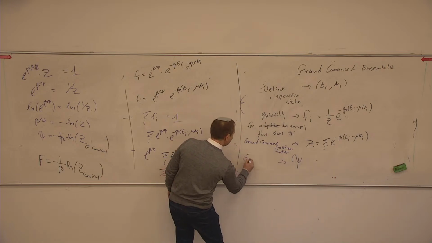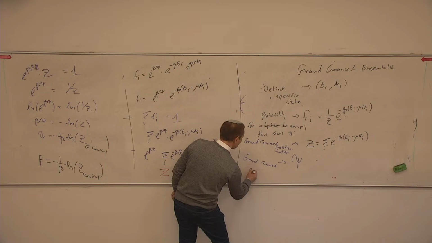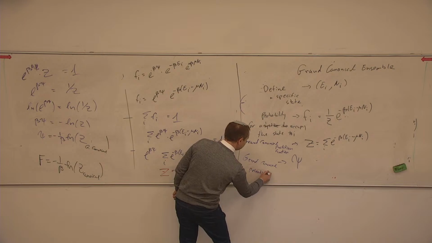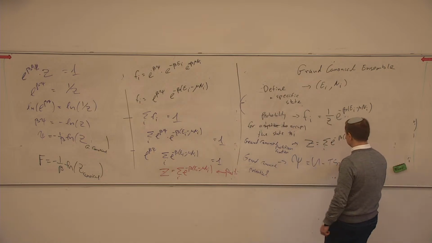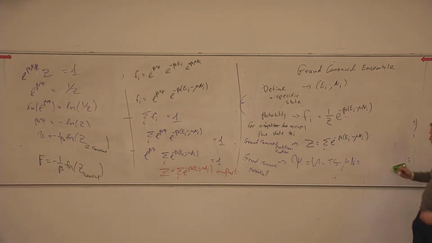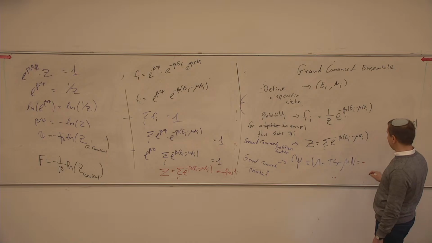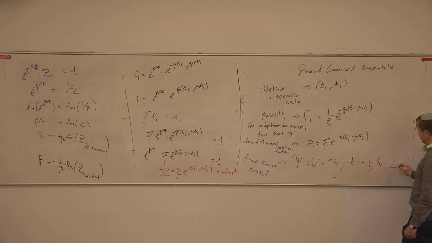It is the grand canonical potential, equal to U minus Ts minus mu N, which equals minus 1 over beta log of Z grand canonical. That's it.